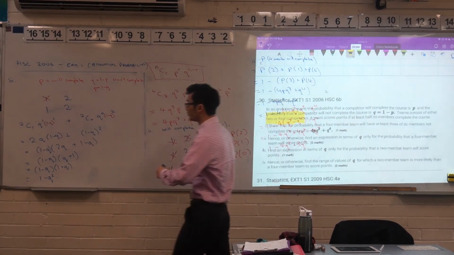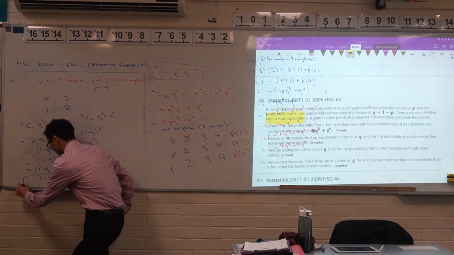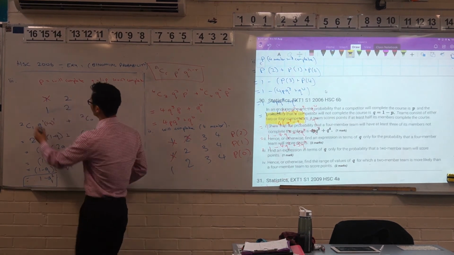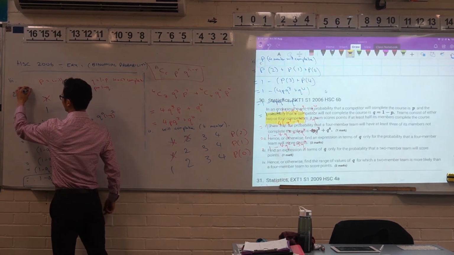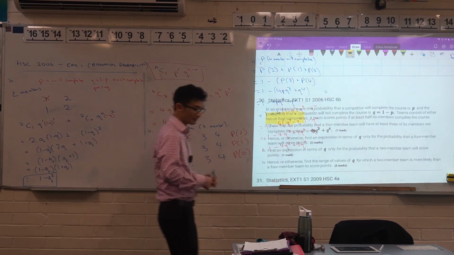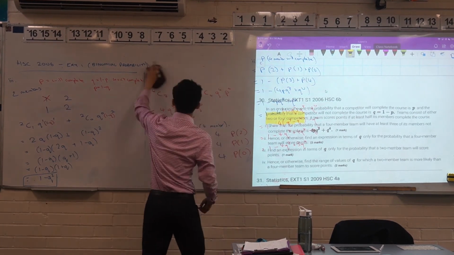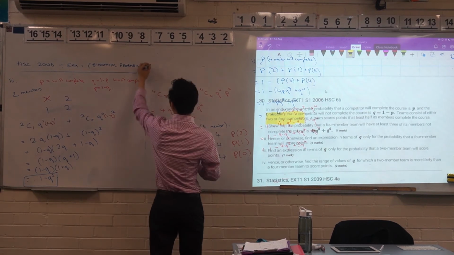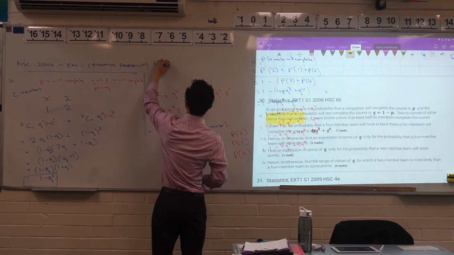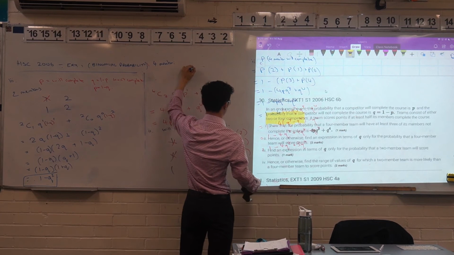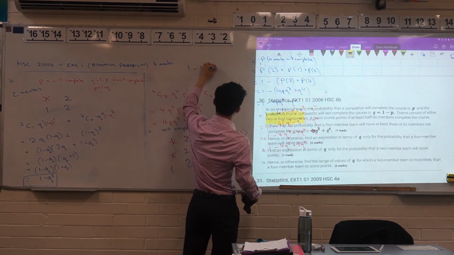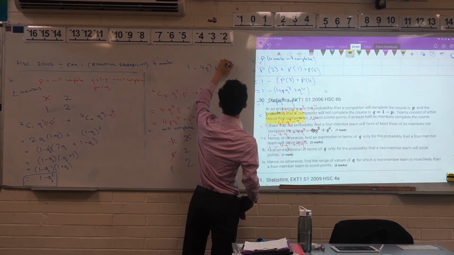This is the probability that a two-member team will complete. So that's for 2 members, right? And then I also found the probability that a four-member team will complete. It's over here. Let me get rid of that for you. The four-member one that they will complete is this guy here. 1 minus 4Q cubed plus 3Q to the power 4.